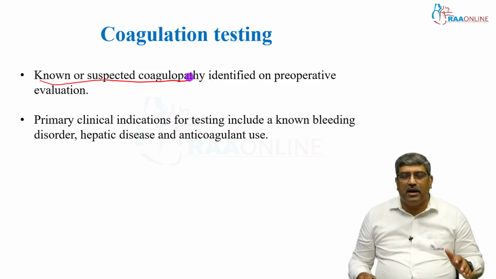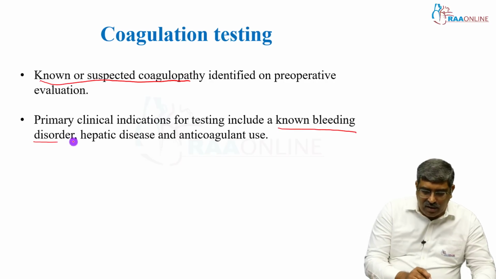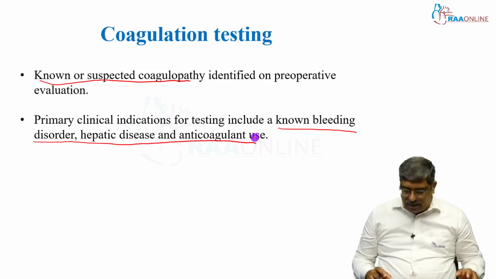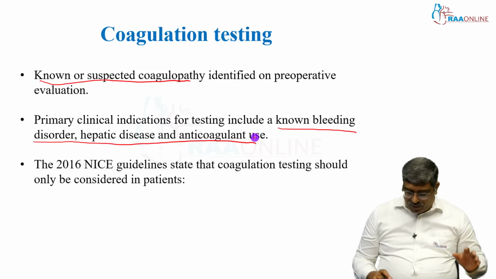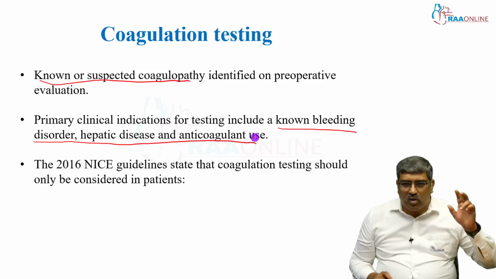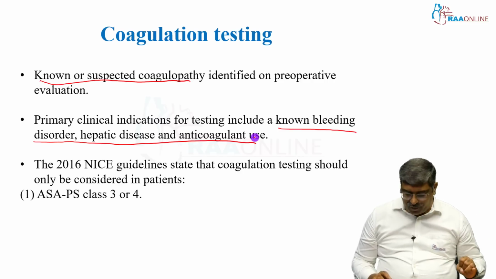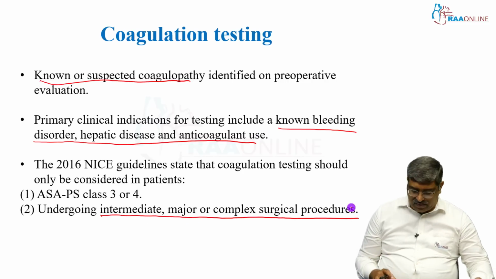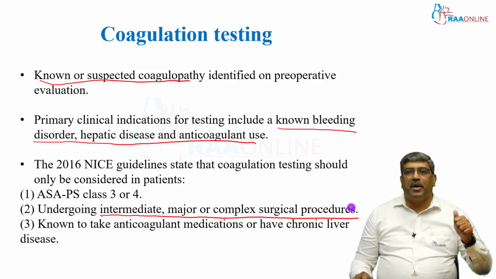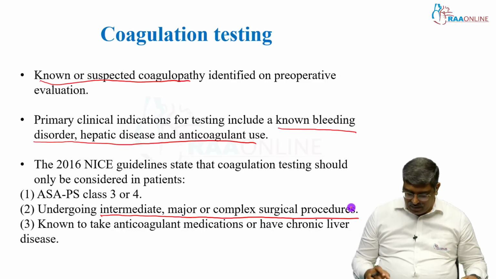The primary clinical indications for coagulation testing are a known bleeding disorder, hepatic disease and anticoagulant use. The NICE guidelines in 2016 consider coagulation testing should be done for ASA physical status 3 or 4, patients undergoing intermediate, major or complex surgical procedure, and patients who are on anticoagulant medication or having liver disorder.